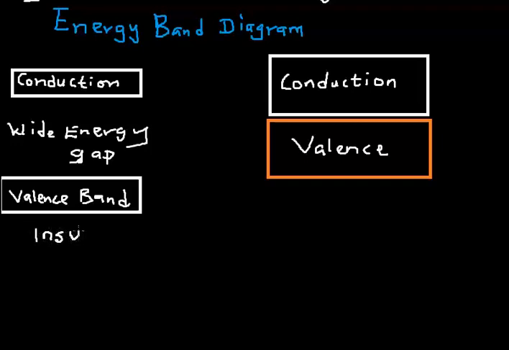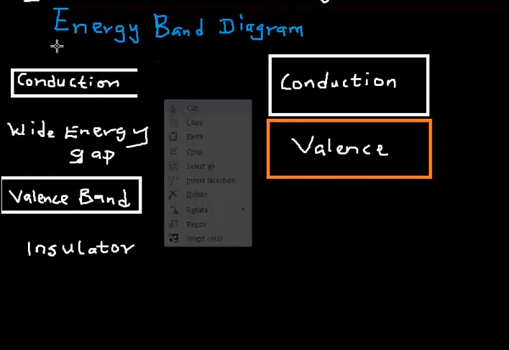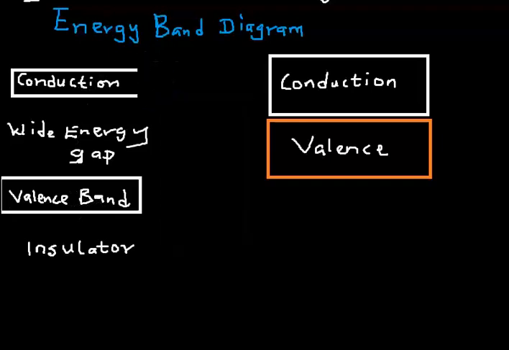According to the energy band theory, electrons are the actual cause of conductivity in any material. The energy of an electron can be divided into the valence band, which is the energy of the valence electron, and then a higher energy level, which is the conduction band.